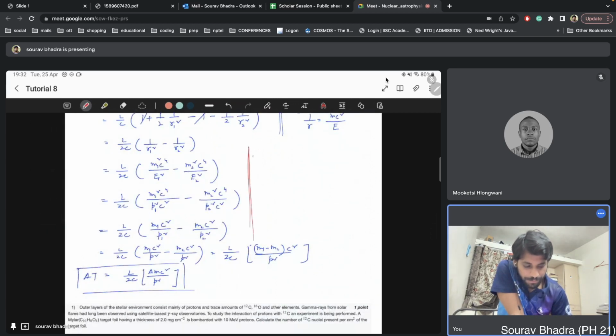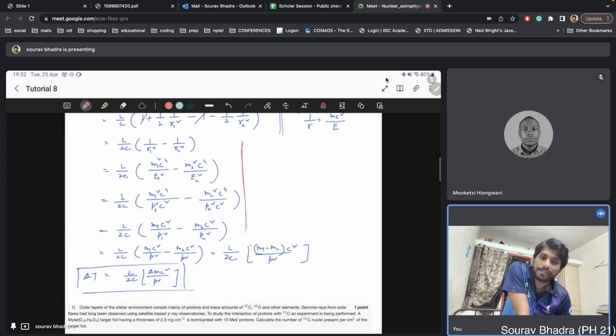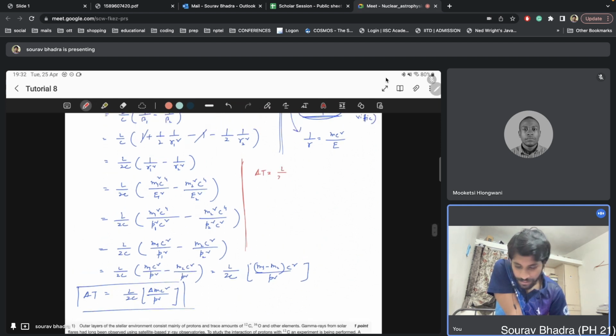In the first part they asked us to calculate the delta t in terms of some parameters, I mean L, c, delta m, p, and in the second part you have been asked to just calculate the numerical value. So if I do it in their way, it will be p square, which we have done. L is given as 3 meters, sorry, this is c.